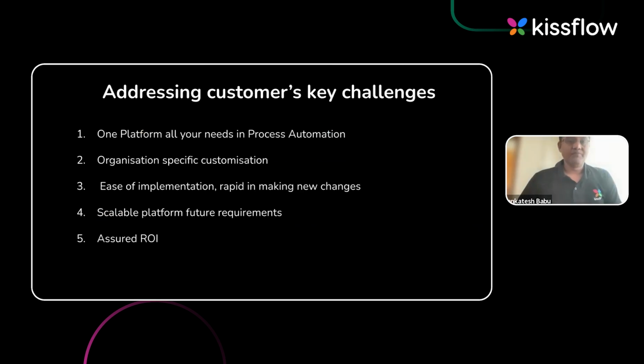What challenges we can address for customers, right? The first thing is very much interconnected with the differentiators I was talking about, the 5 points. The first thing is one platform.